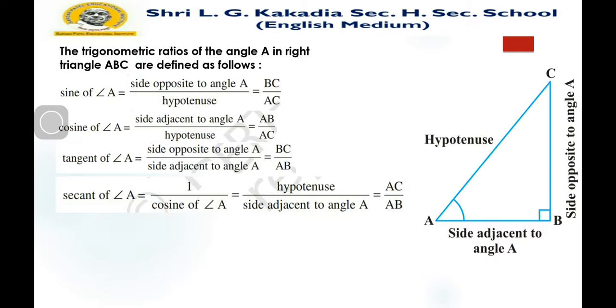Secant of angle A is the inverse of cosine of angle A, that is hypotenuse upon the side adjacent to angle A, that is AC upon AB. So secant and cosine are reciprocals of each other.